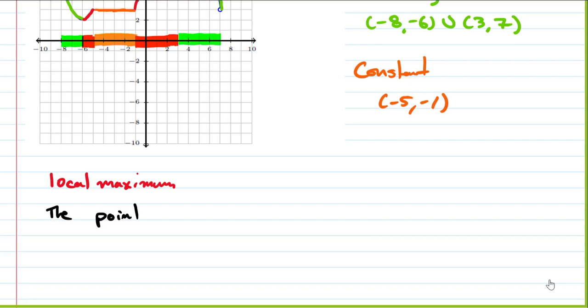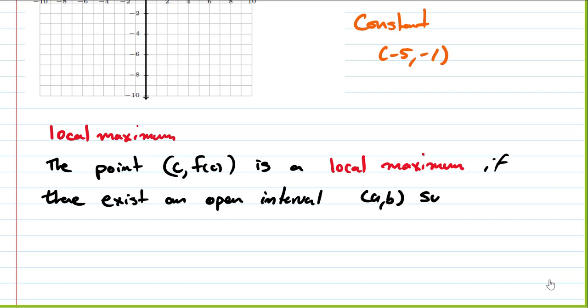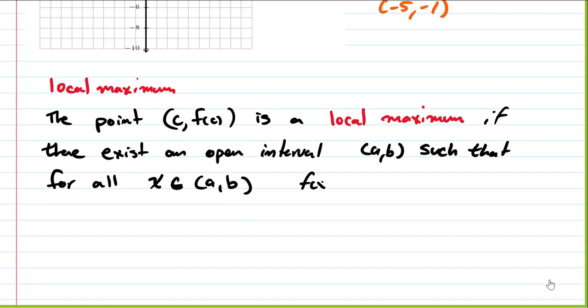The point (c, f(c)) is a local maximum if there exists an open interval (a, b) such that for all x in the interval (a, b), f(x) is less than f(c).